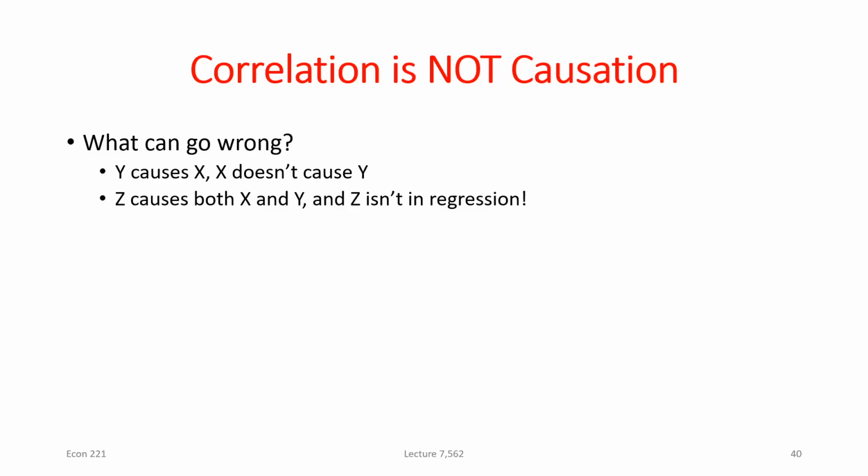But being taller would drive that. So we might have the relationship flipped, but it also may be that X and Y are correlated because of this third thing, Z, that's not in the regression. So Z might be causing both X and Y, but if I don't include it in the regression, it's going to look like maybe X is causing Y, or vice versa.